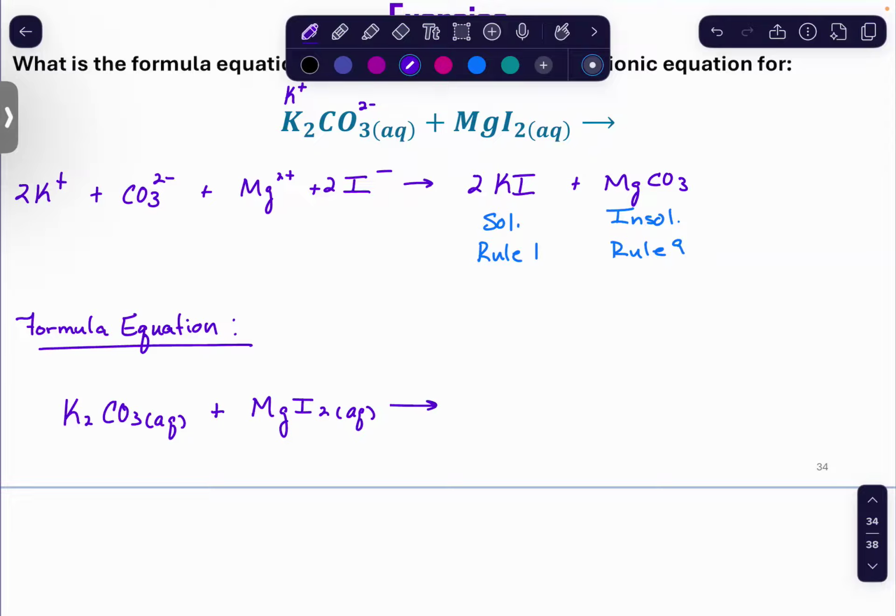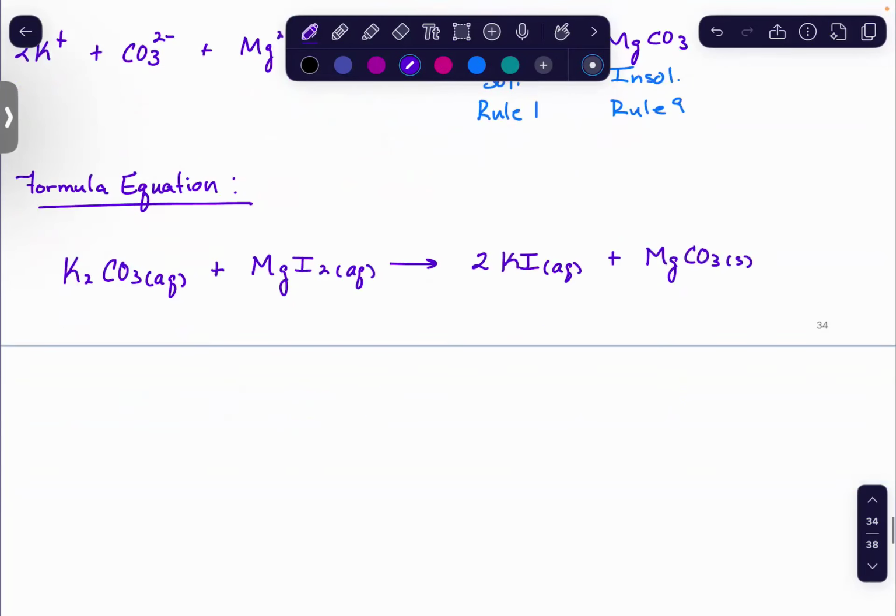So then potassium iodide is going to be aqueous. And you see how on the left I have 2 potassiums and 2 iodides? That means when this compound is made, I'm going to have 2 potassium iodides. And it's aqueous, and on the left, there's only 1 carbonate, only 1 magnesium. So I only need 1 magnesium carbonate, but it is insoluble, so it's going to be a precipitate. Now, formula equation's done.